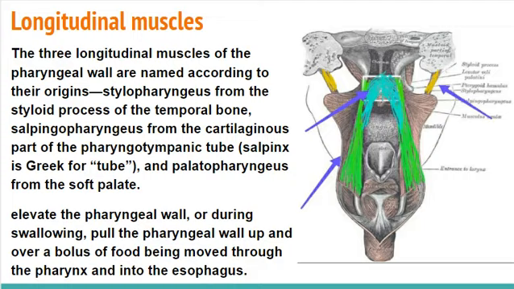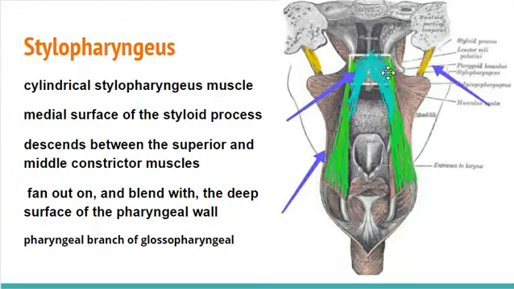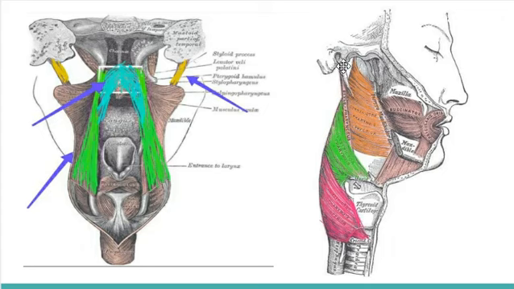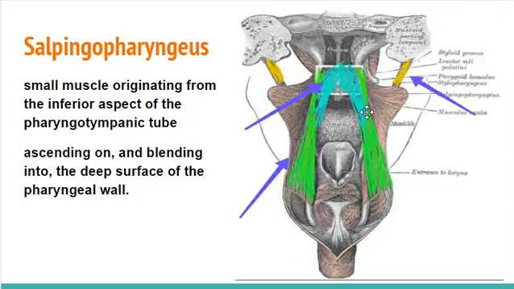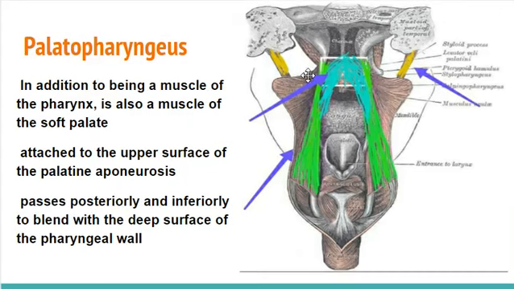In the longitudinal muscles, the first one was the stylopharyngeus, coming from the medial wall of the styloid process and descending downwards between the superior and the middle constrictor. The salpingopharyngeus was related to the cartilaginous part of the auditory tube, and the palatopharyngeus was related to the soft palate.